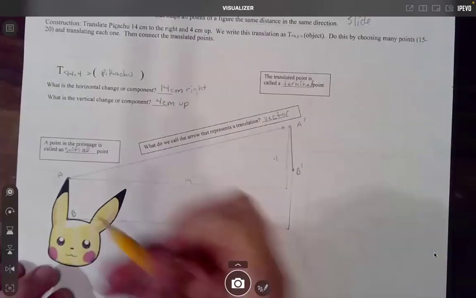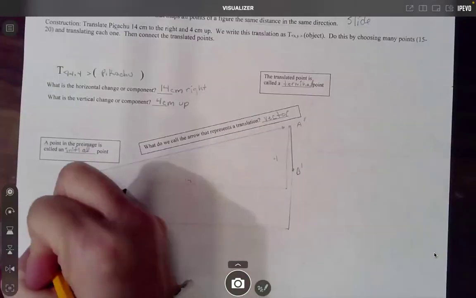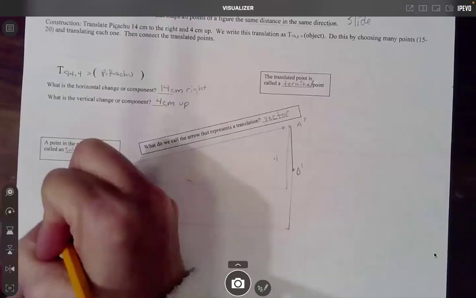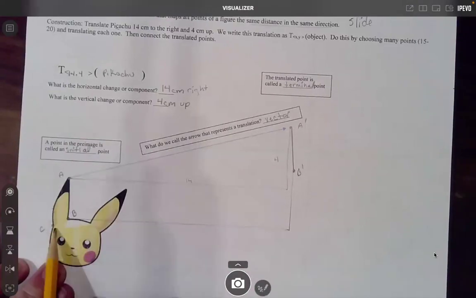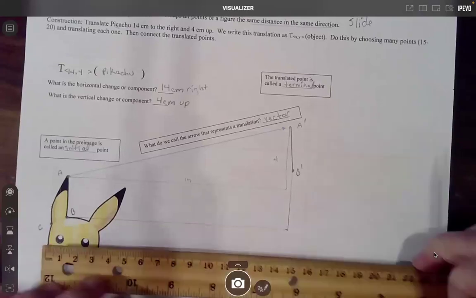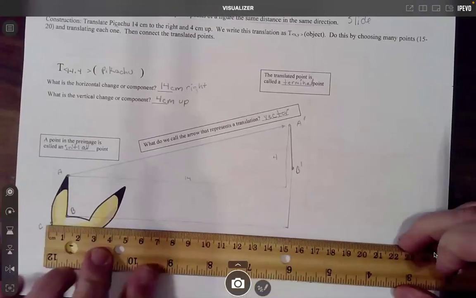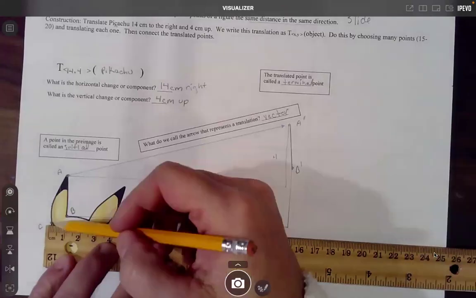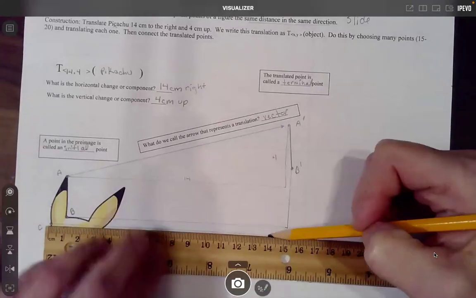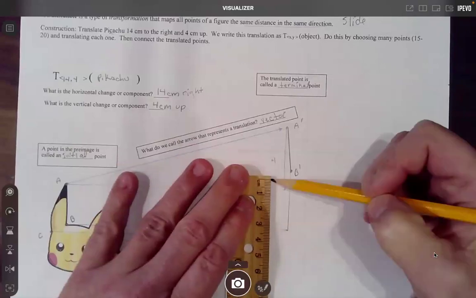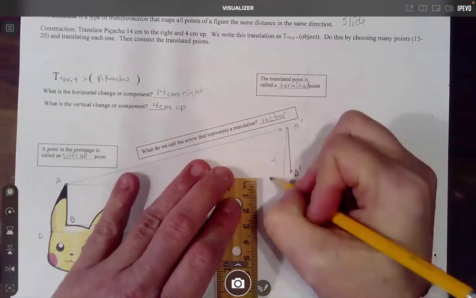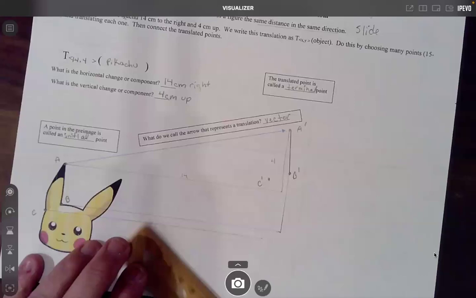Now I'm going to do the left part of the ear. C, you might want to do a point right here at the bend. I'm just going to do this point right here, C. And I'm going to go 14 to the right, 4 up, and I have C prime.